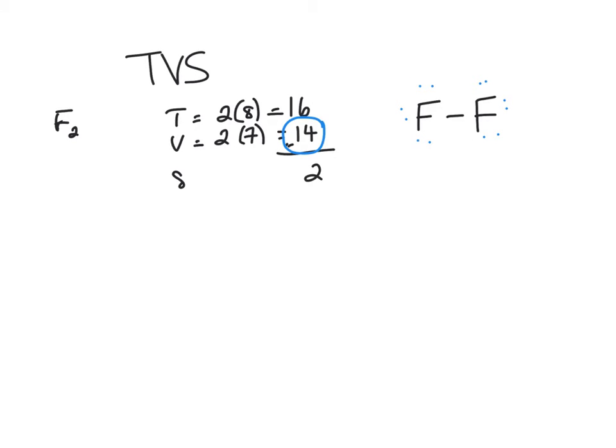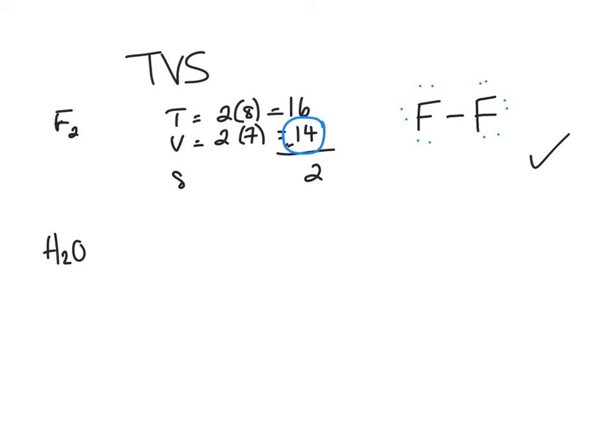So now we had 14 minus 2 is 12, 12 valence electrons. We've just placed them around fluorine. So if we double check this, 2, 4, 6, 8, 10, 12, 14, cannot exceed that number, and each fluorine is surrounded by 8. So we know this is the correct structure. So that's good.